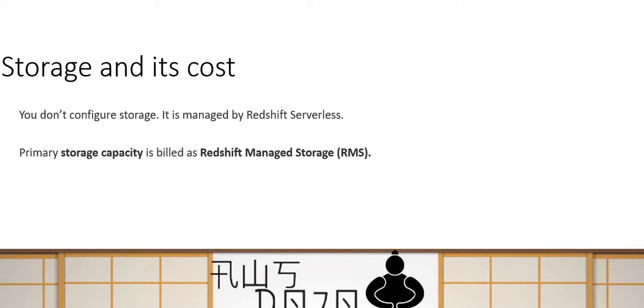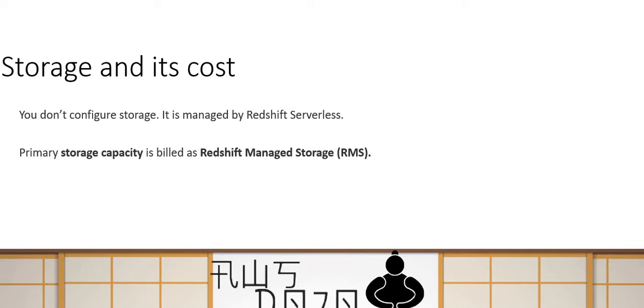And this Redshift managed storage concept came with RA3 clusters, because if you remember, in DS2 or DC2 clusters, I mean DC or DS class clusters, your compute and storage were bundled together. But then AWS came with RA3 clusters where your compute and storage were segregated. However, there you need to select your storage capacity, but it was completely decoupled from your compute capacity.